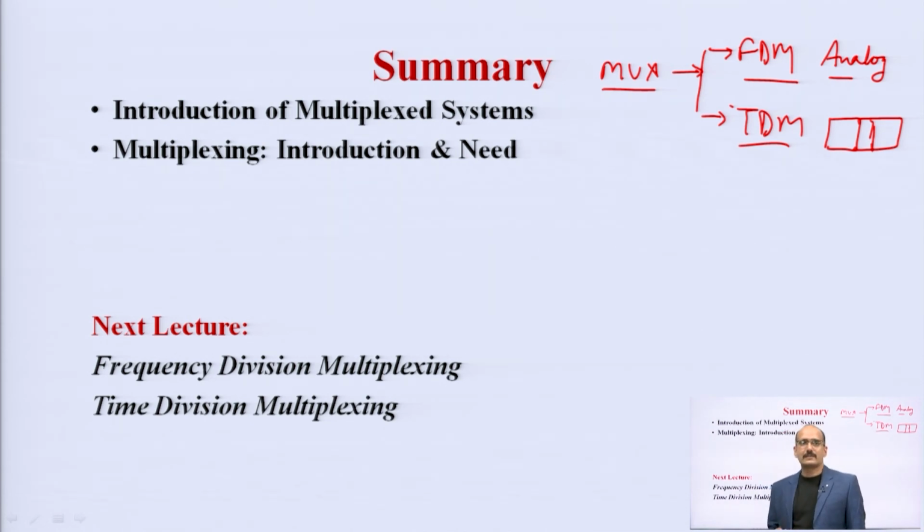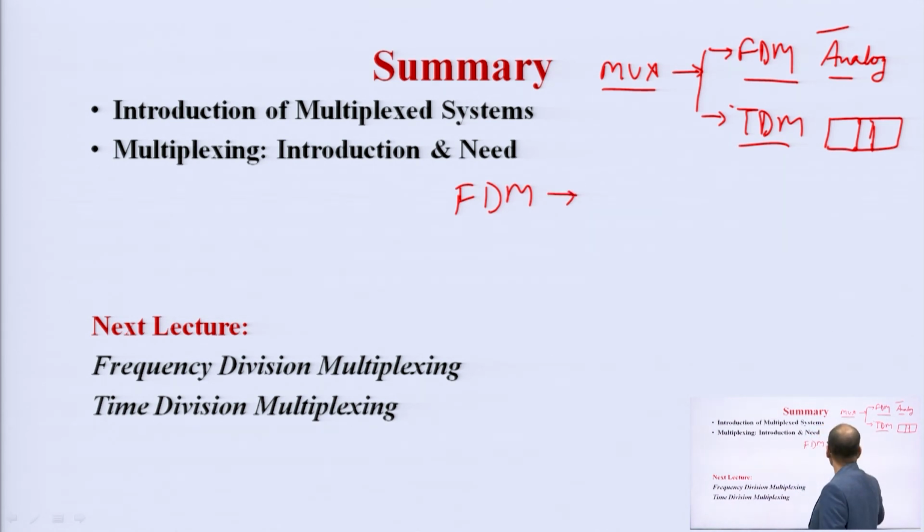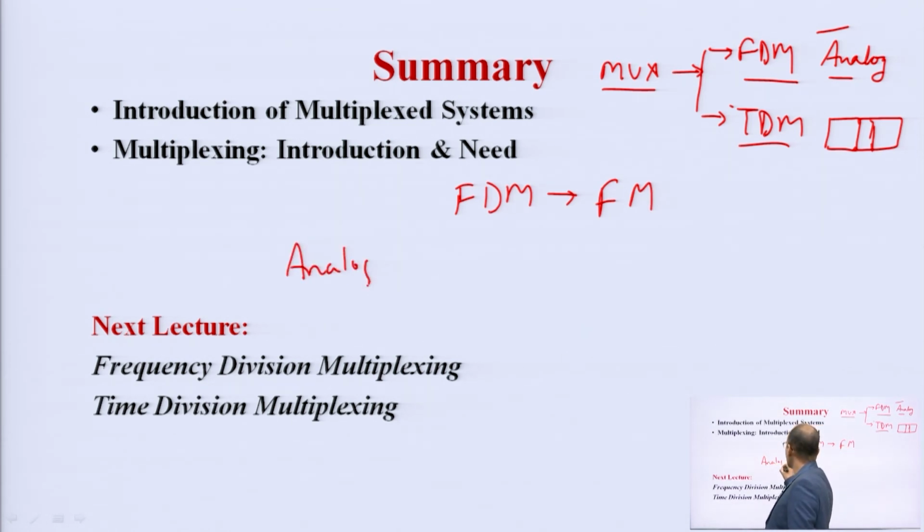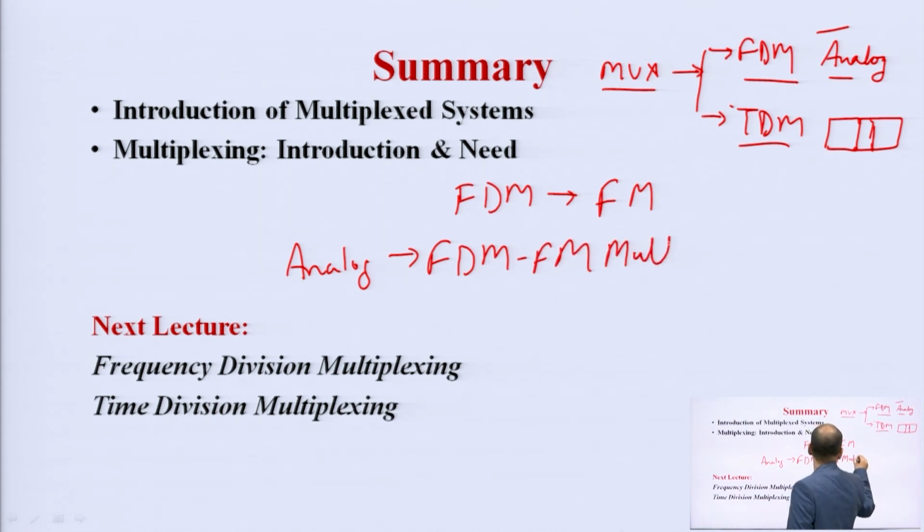If your telemetry system is using an analog signal to be transferred, then we are going to use FDM, and as we are going to use frequency division, that is why for the modulation purpose we are going to use frequency modulation. It means for the analog telemetry system we are going to use an FDM FM multiplexed system.